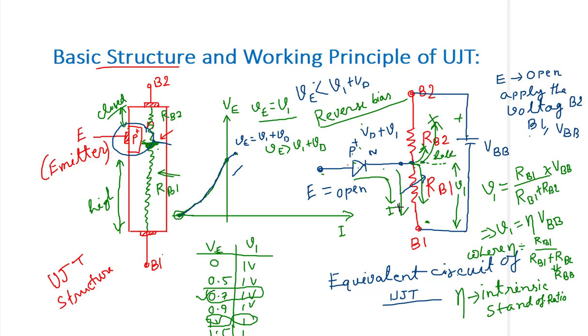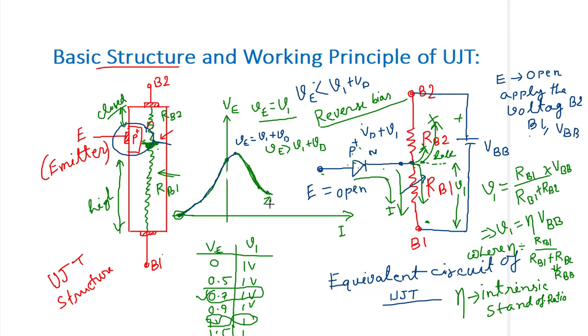When the current flows, the carrier concentration increases and the resistance RB1 decreases, so VE will drop. How far will V drop? V will drop up to the valley point, continuously dropping in this region.